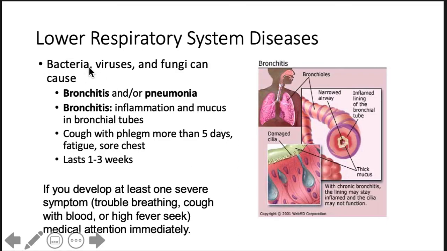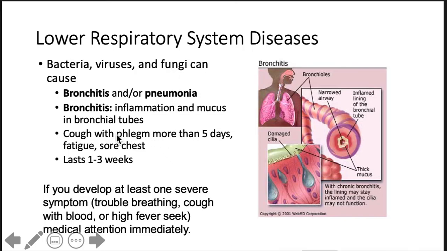Any microbe, any pathogen can lead to bronchitis, right? Bacteria, viruses, fungi, and even sometimes allergies can cause this as well. Okay, pneumonia can also be caused by any of bacteria, viruses, or fungi. Usually it's either a virus or a bacteria, but fungi can cause infection as well.